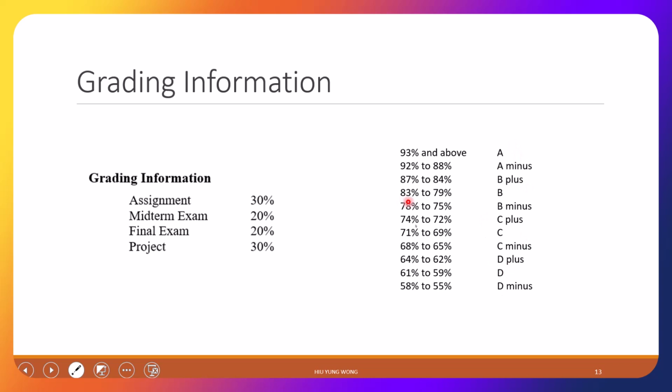And I expect you to get at least 79% on average, because I think for a graduate student, B is very important, right? For undergraduates, congratulations, I'm grading on the graduate student scale also, right? For undergraduates, B is pretty good already. But for graduate students, 3.0 is what you need in order to stay off the academic notice, right?